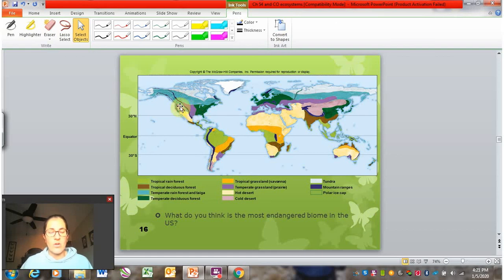Especially if you look across the Western United States, you have the BLM, the Bureau of Land Management, the National Forest Service, the USDA, as well as national parks, of course, that have preserved major tracts of the forested areas in particular.